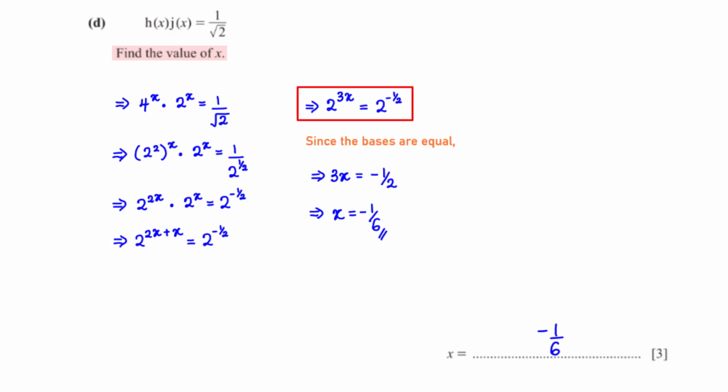Now that the bases on both sides of the equation are equal, this means their powers should also be equal, and so 3x equals negative 1 over 2. When we divide both sides by 3, we get negative 1 over 6.